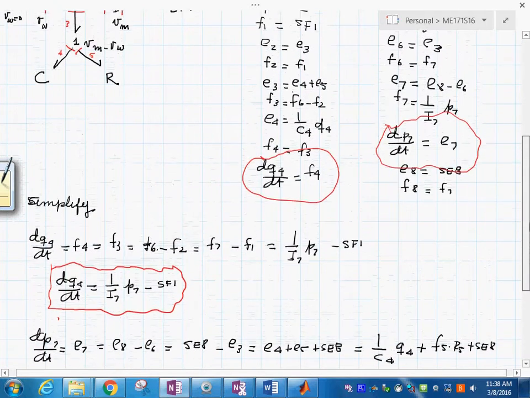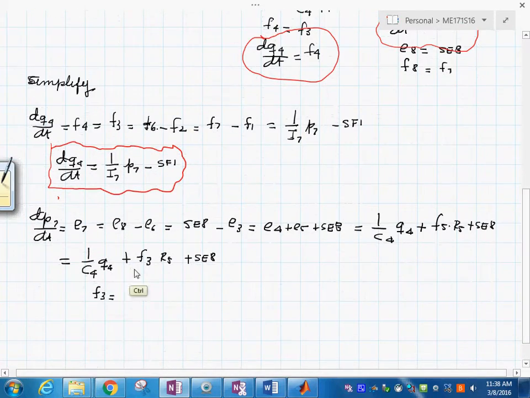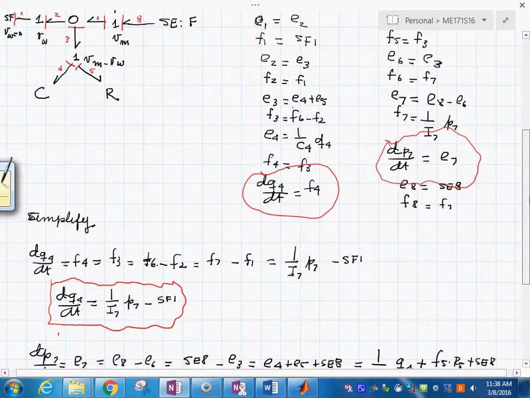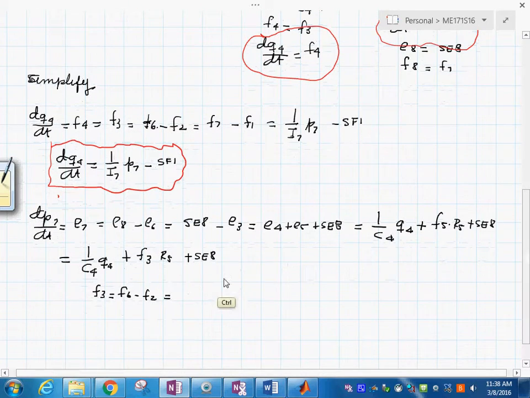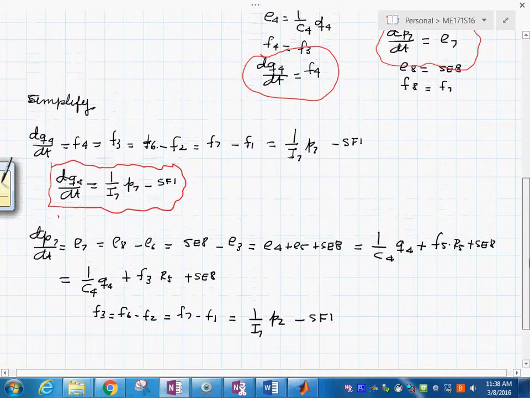So if this is true, then we have that dP sub 7 dt is equal to 1 over C sub 4 Q sub 4 plus parenthesis 1 over I sub 7 P sub 7 minus SF1, multiplied by R5, plus SE8.